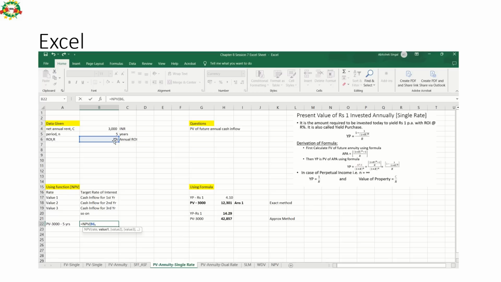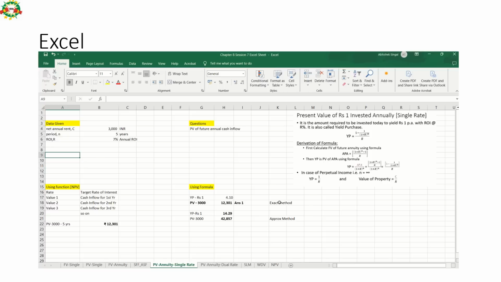Now it is asking for value 1, 2, 3, 4, 5. So what is the cash flow value in the first year? Because it is the same, we will enter the same value here for each year. You see, it is matching, right? So for 5 years, the exact method gives 12,301 and 12,301.